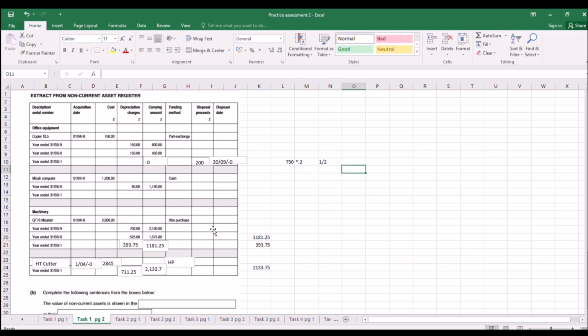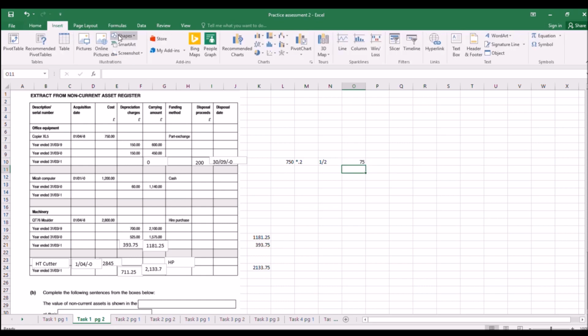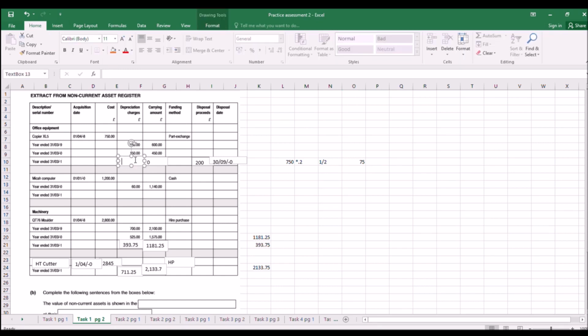So that's going to be equal to 750 times 0.2 times 0.5. £75 worth of depreciation charge. And there we go. The carrying amount is 0 because we then dispose of it.